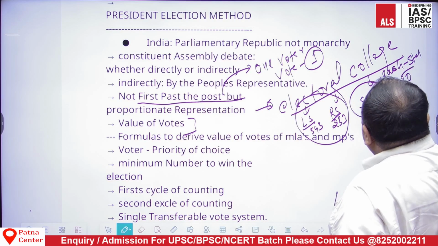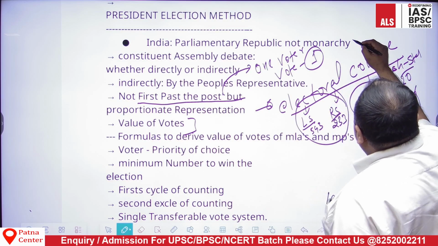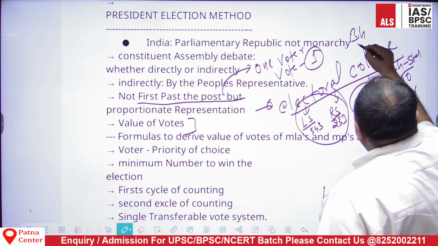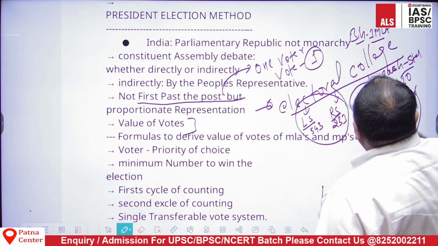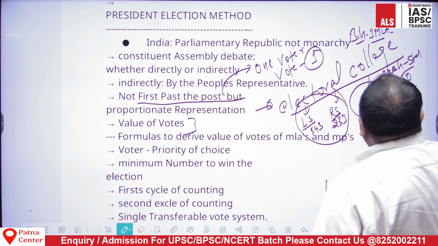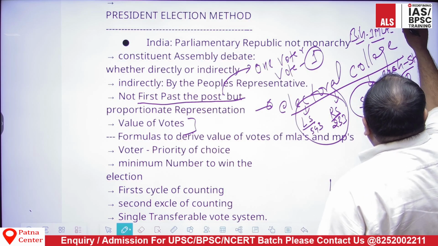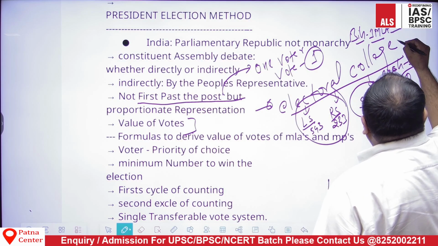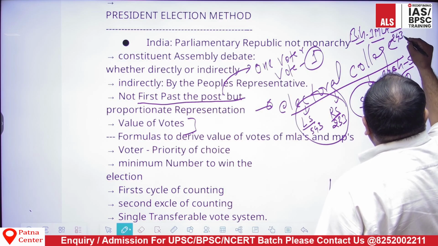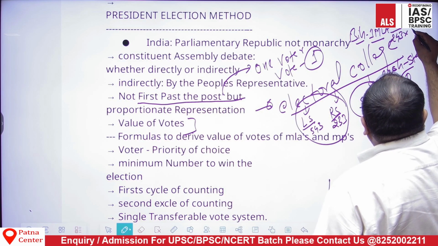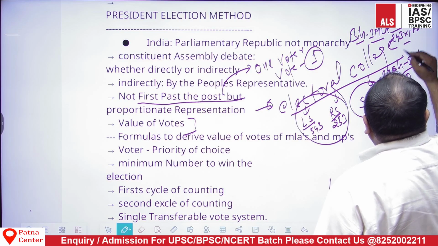There is a formula, like for Bihar, for one MLA of Bihar, the value of his vote will be the population of Bihar divided by the strength of the Bihar Legislative Assembly, and to reduce the number, it is further divided by 1000.